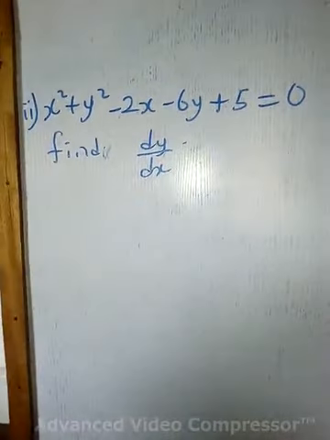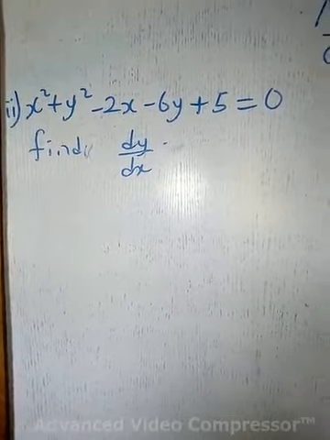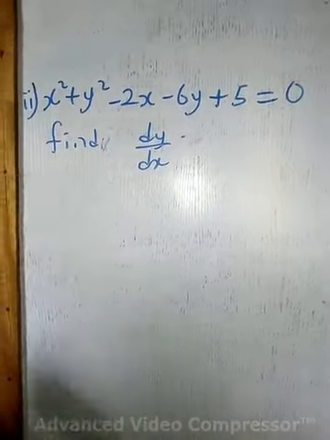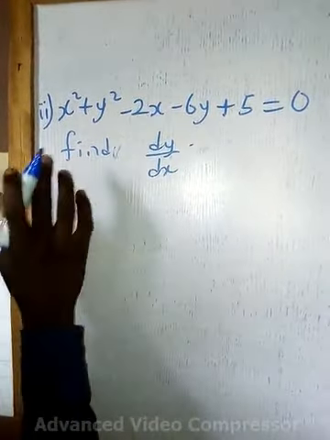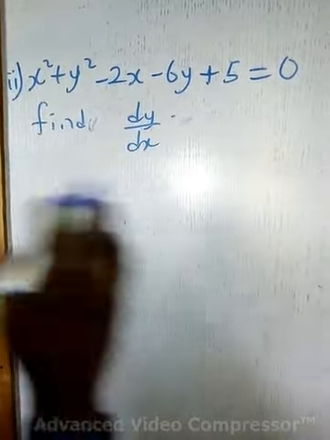In continuation, we are going to deal with another example of an implicit function, an unclear function. So what do we have? We have the question given to us up there: x squared plus y squared minus 2x minus 6y plus 5 equals 0.